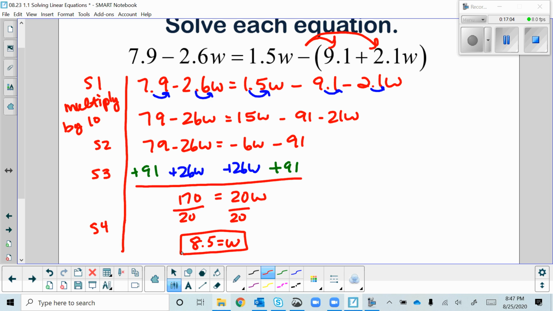So I could have done the multiply by 10 step here instead of where I did. So there's different ways you could have done it. This is just a way that I chose to show you. And this example problem is like homework number 25.